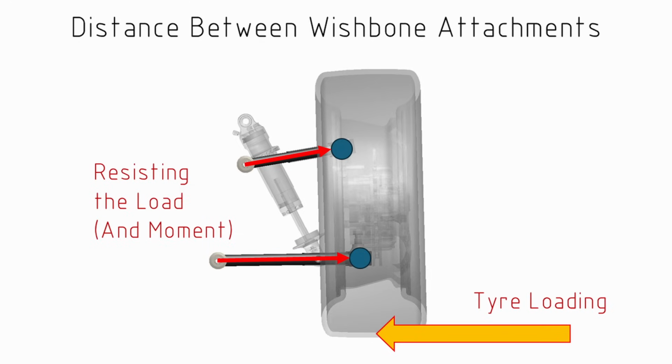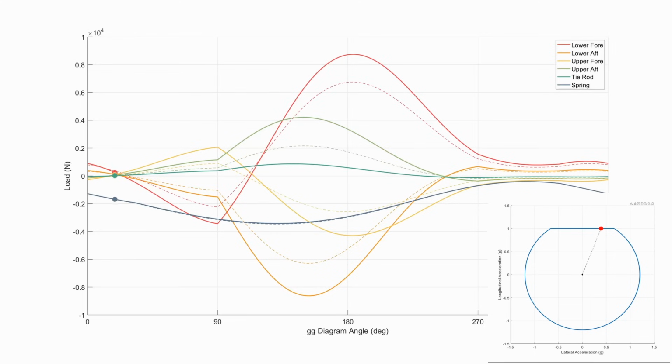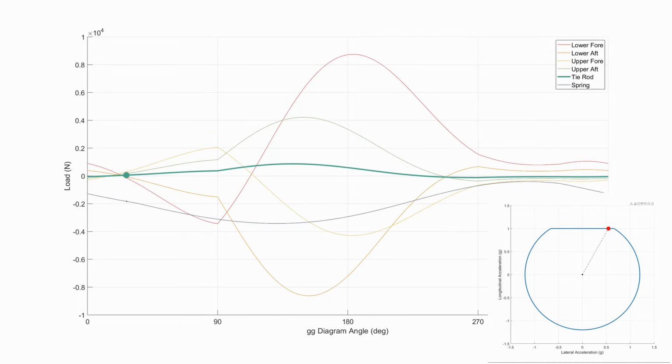And we see this if we have a look at the graph of the link loads versus that GG diagram. We see that the upright with the smaller dimensions has significantly higher loads in the wishbones. You would, however, note that the loads in the steering tie rod and the spring are unchanged.